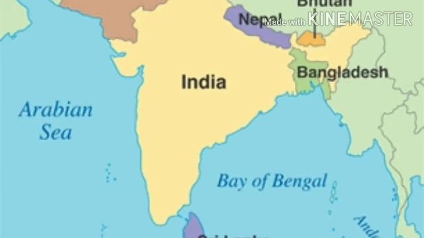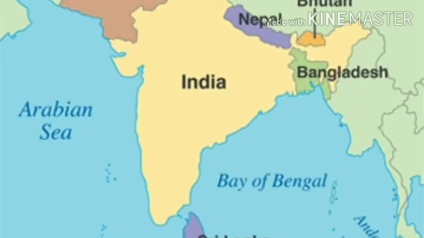Northern Great Plains are divided into 4: Rajasthan Plains, Punjab Haryana Plains, Gangetic Plains, and Brahmaputra Plains.